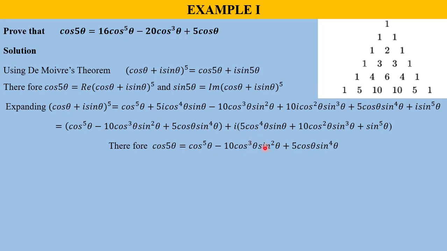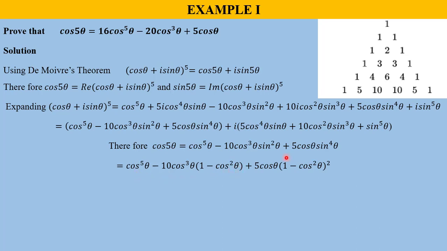Since it is not yet correct, we look at what is not required in the proof. We have sin squared theta and sin power 4 theta. So we are going to substitute for sin squared theta and sin power 4 theta. And we know that sin squared theta is the same as 1 minus cos squared theta.